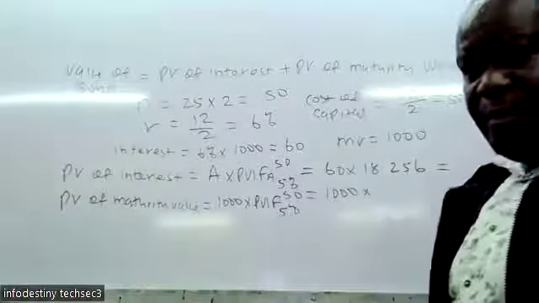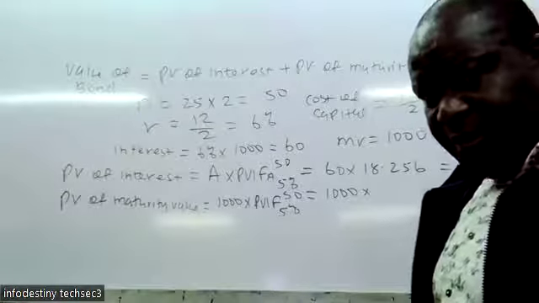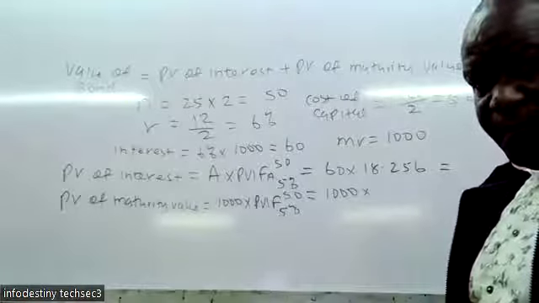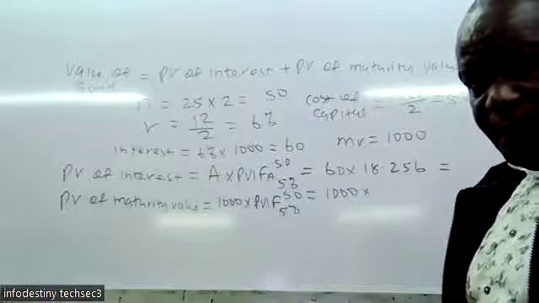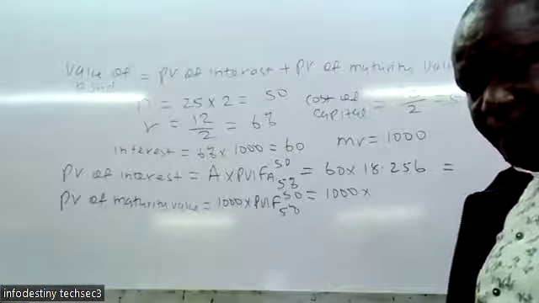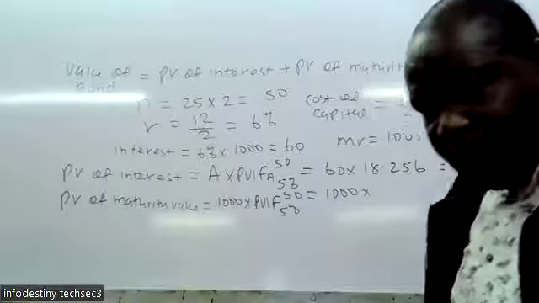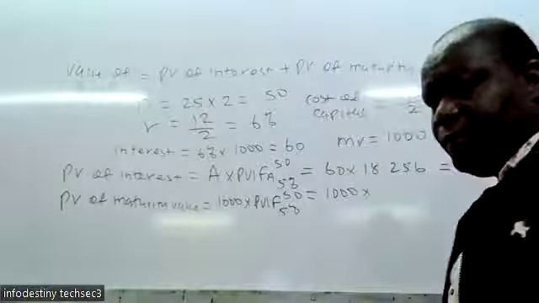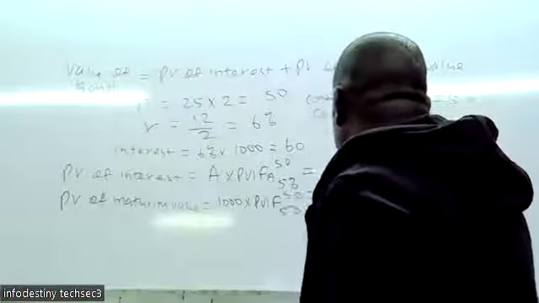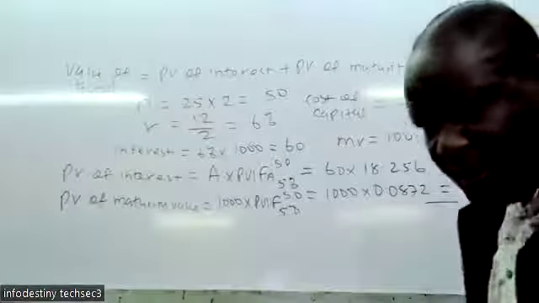You use the other table. When we are using the single period table, what figure do we have there? It is 0.0872. So add them together.